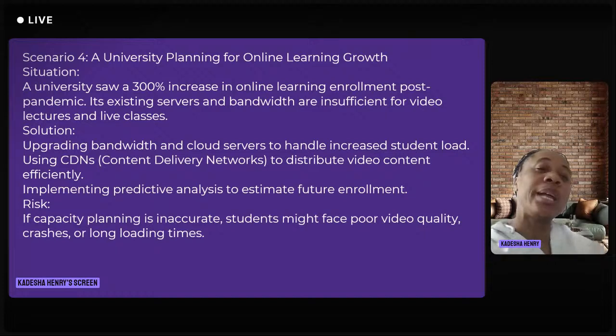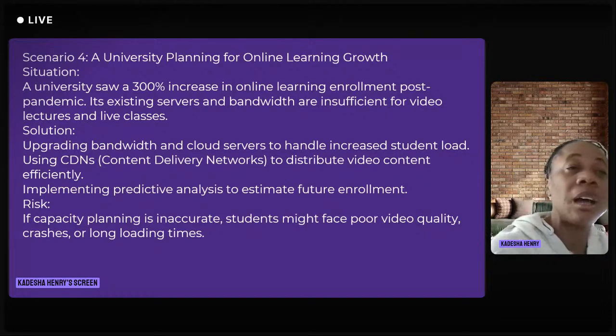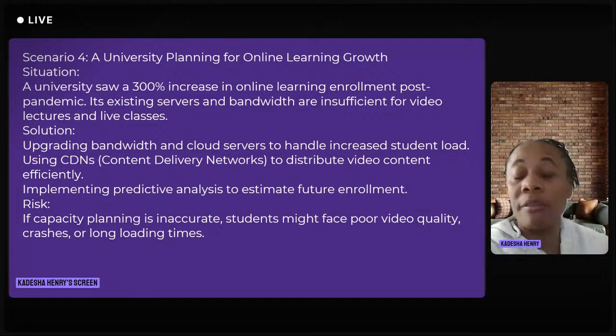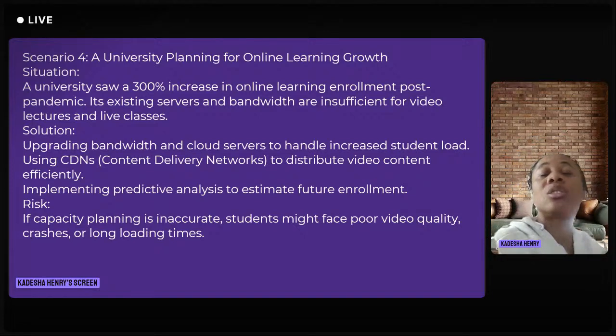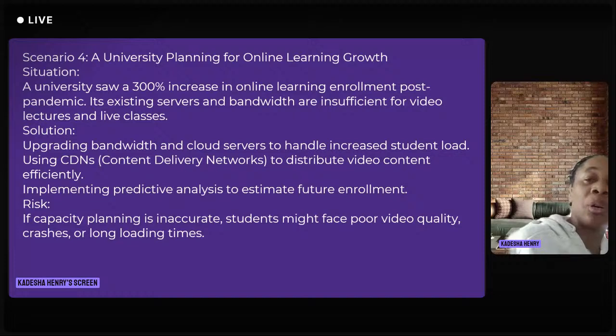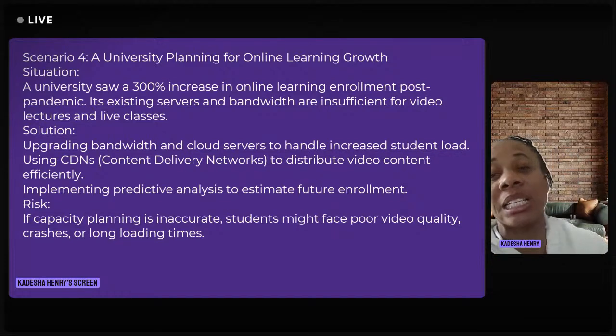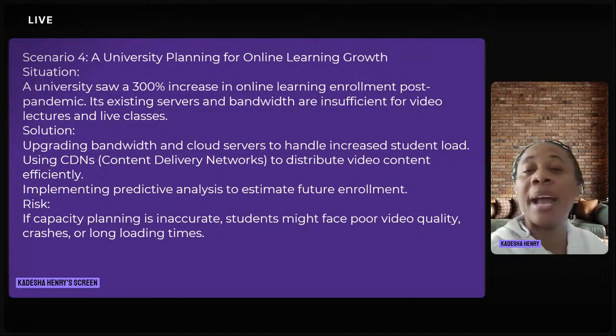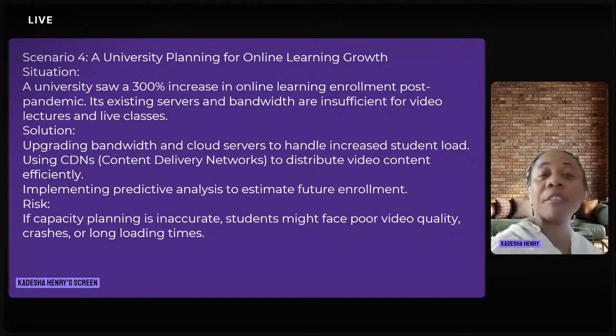Because a large number of people are coming online to do enrollment, we need to make sure that the server and the bandwidth are sufficient to take all of that load and the system doesn't crash, because they're going to need videos and all of that, right? So the bandwidth is insufficient for video lectures and live classes.